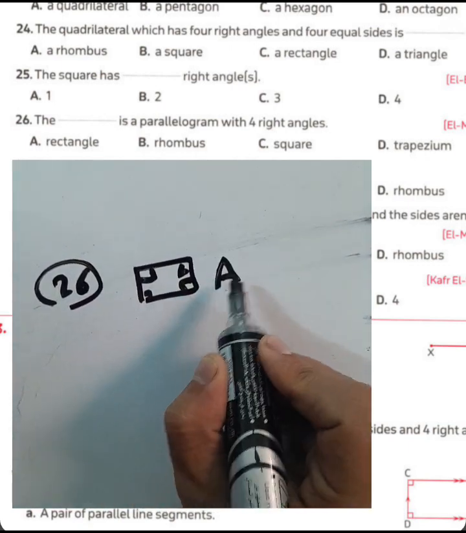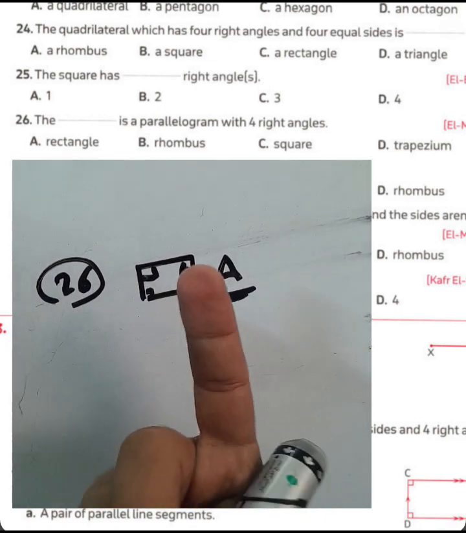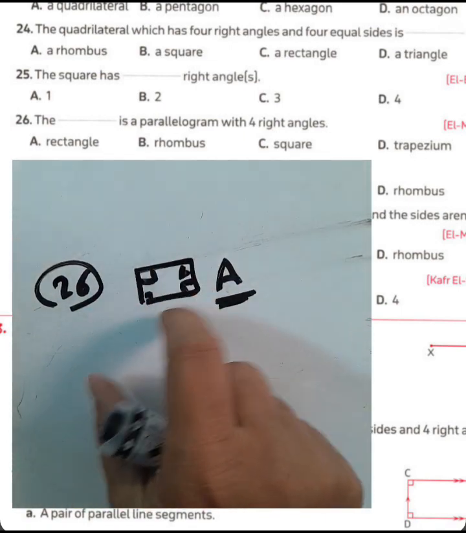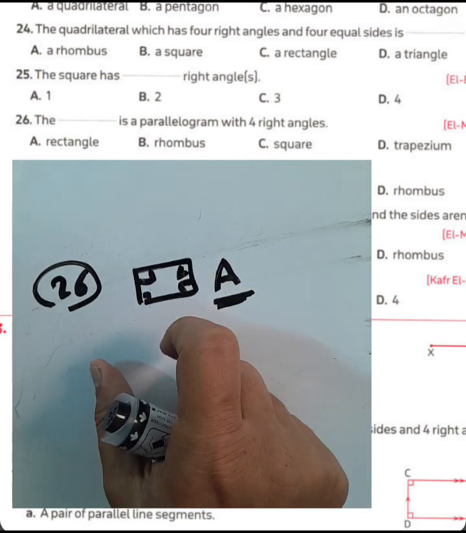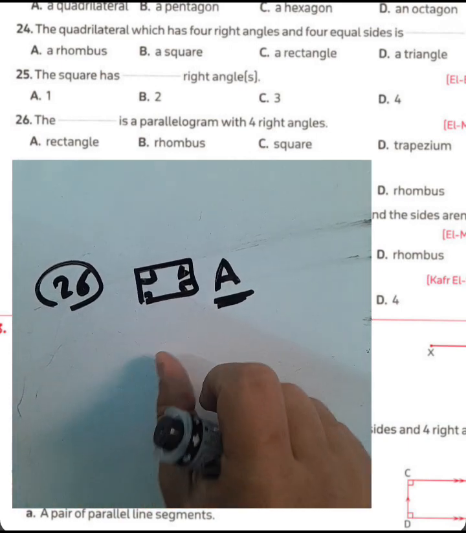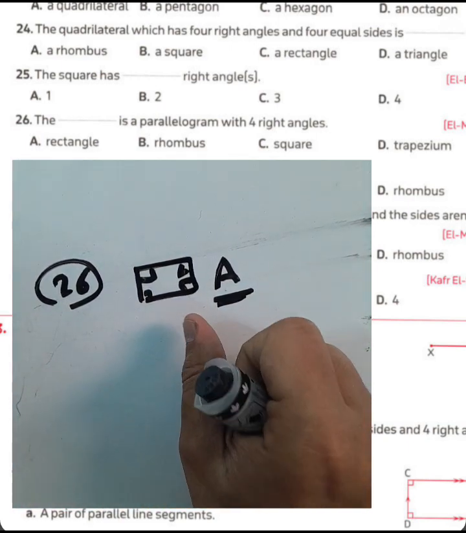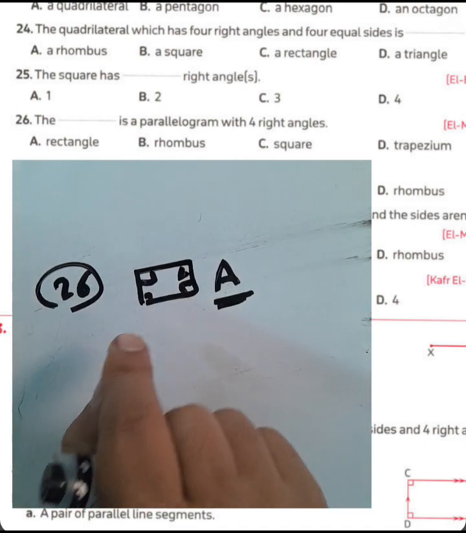Choose letter E. Okay, because he gives us one piece of information. If he tells us all sides are equal in length and all angles are right, we call it a square. But he tells us a parallelogram with 4 right angles, we call it a rectangle.